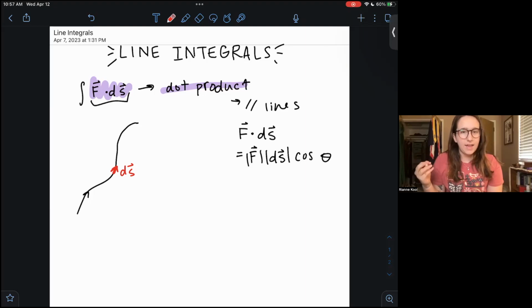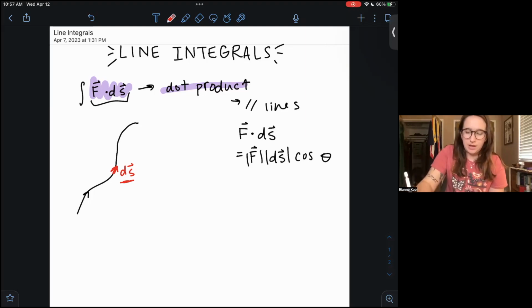And then our f can be anything. It has some relationship with that ds. But most of the time, we're going to have to figure out what our ds is before we do our calculation.